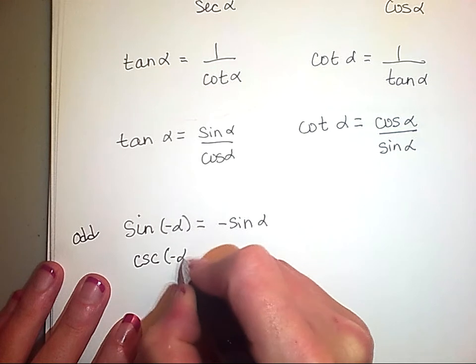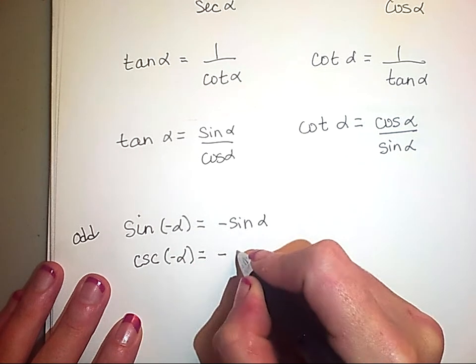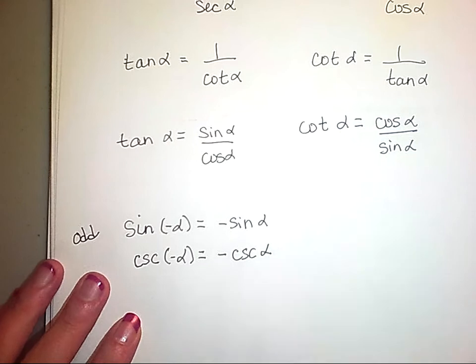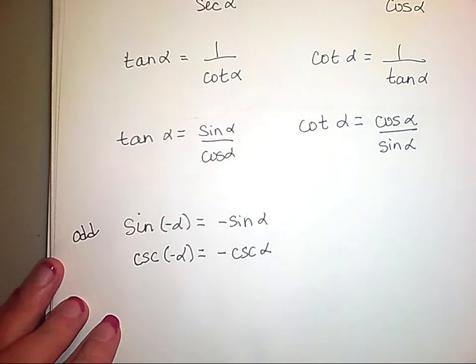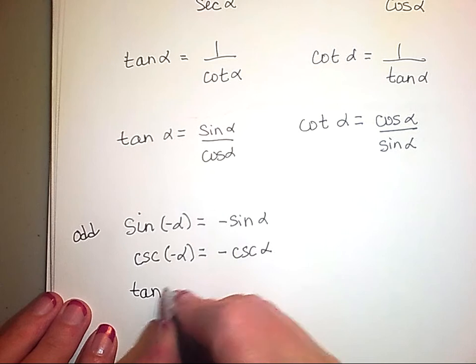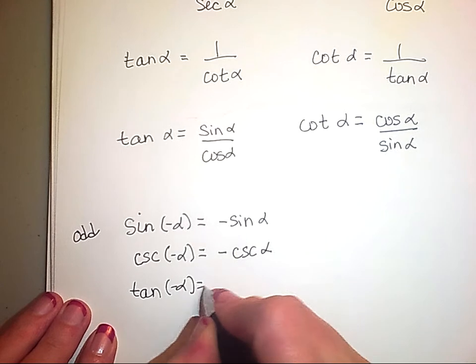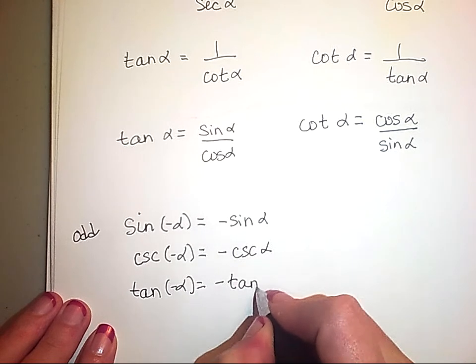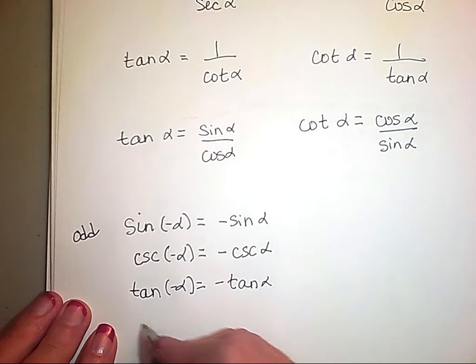So the cosecant of a negative alpha, we could write as negative the cosecant of positive alpha. And then the tangent is also odd, so we could write that as negative tangent of positive alpha. And also then the cotangent is odd.